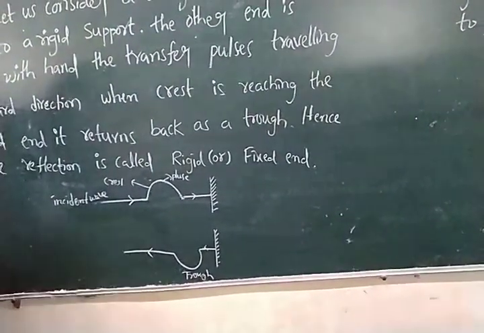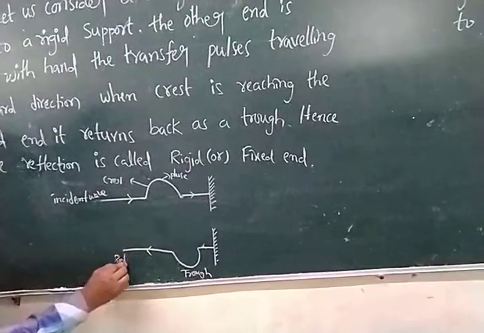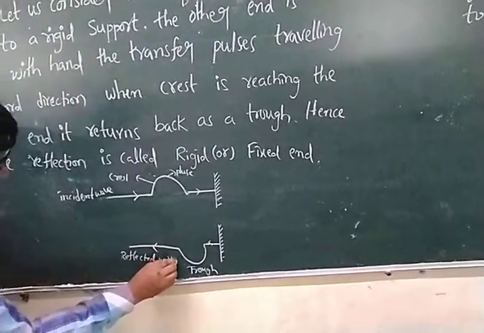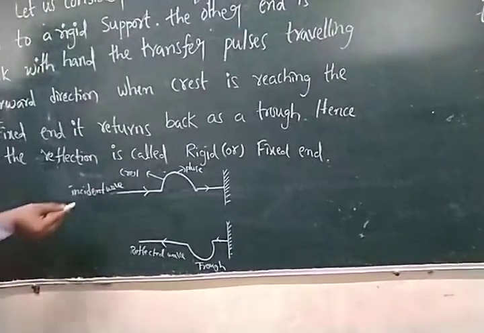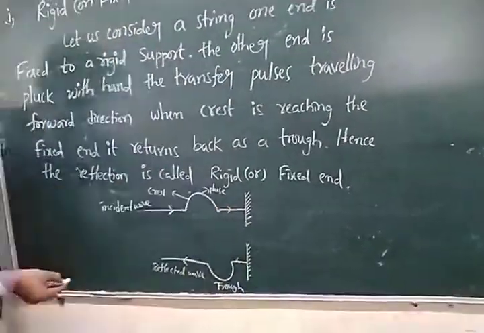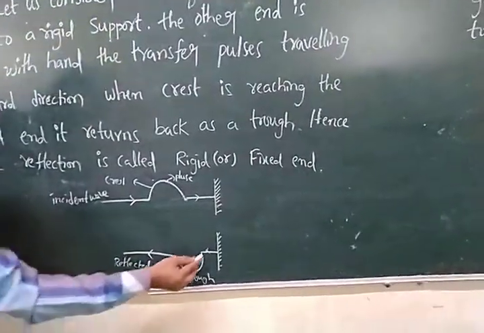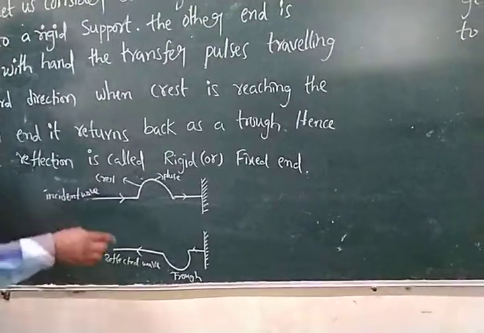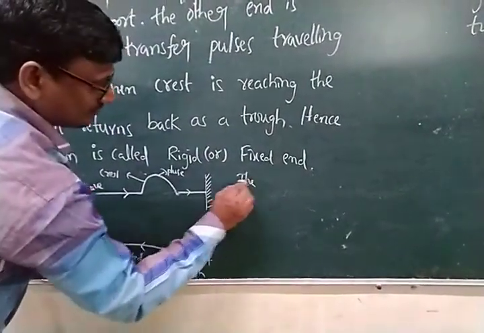Now this is the reflected wave. Observe here: when the wave is incident on the rigid support, the reflected wave comes back as a trough. And now we are observing the phase difference.